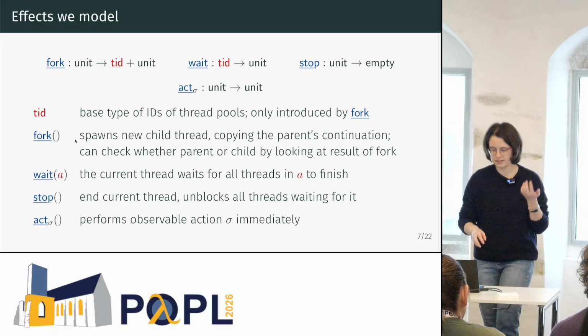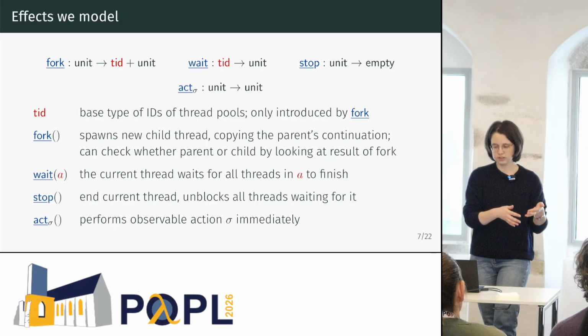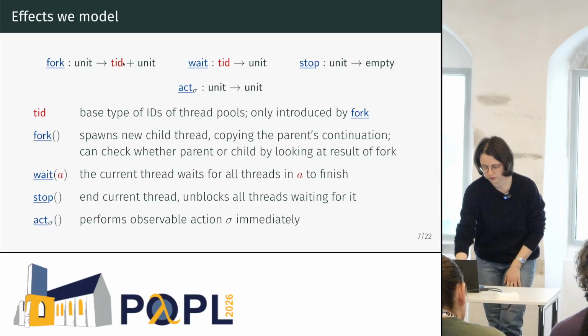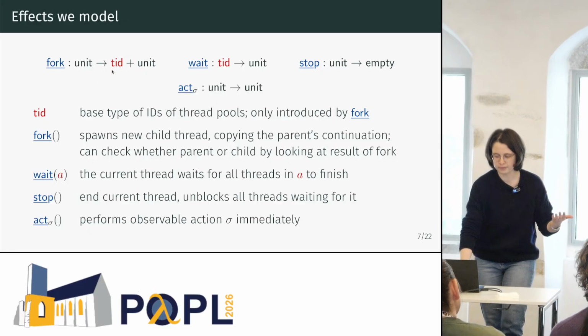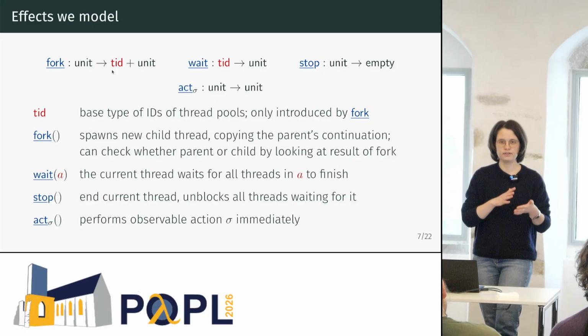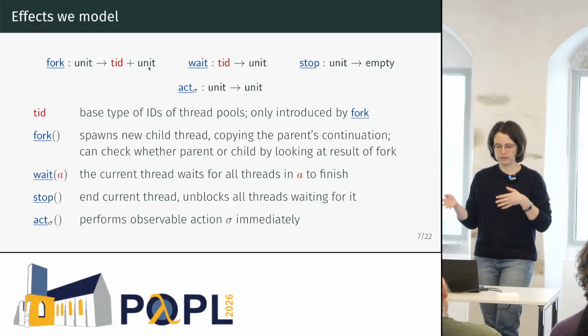What fork does is create a new child thread and copy the parent continuation. Because fork returns a sum type, a thread can check if it is in the left branch, then it is the parent and has the thread ID of the child.